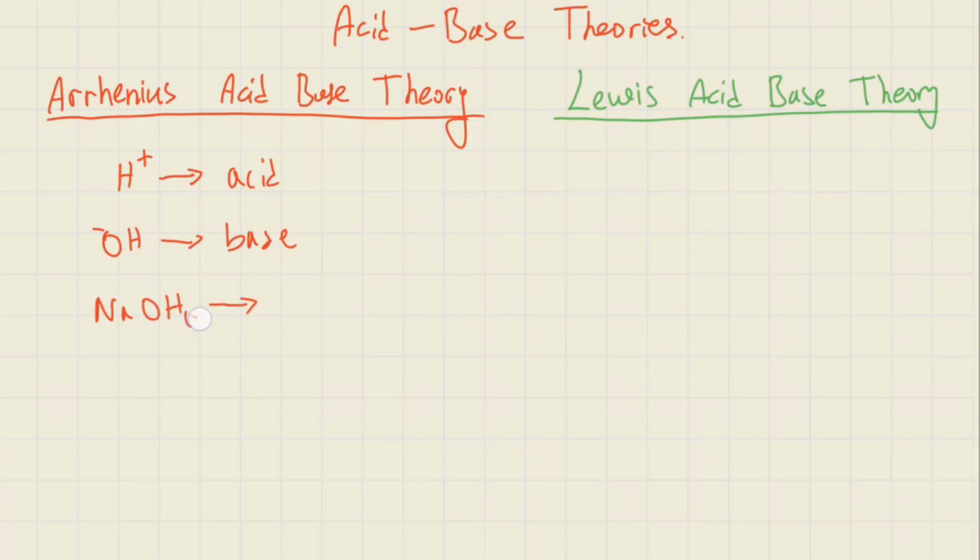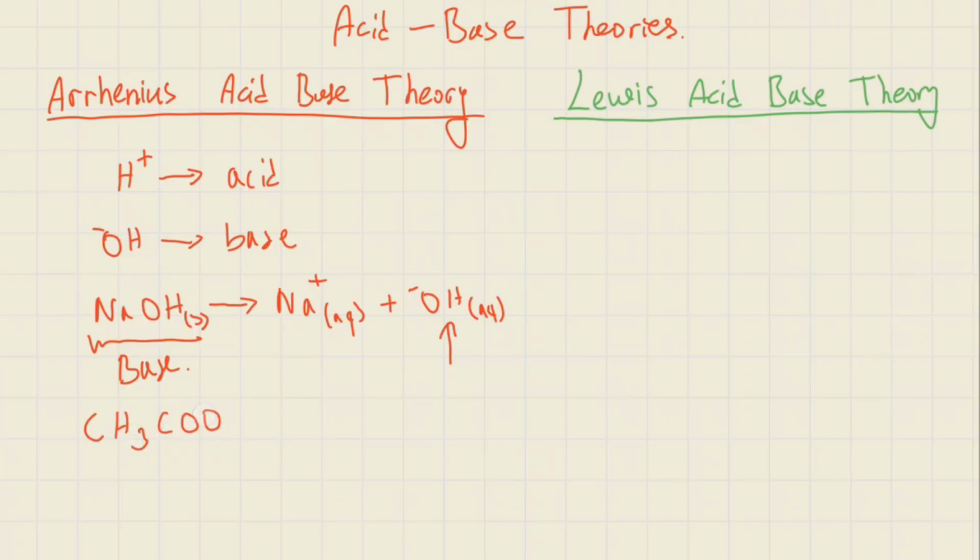If you put the sodium hydroxide in water, it ionizes as sodium plus ions plus the hydroxide ion. And due to the hydroxide ion, we call sodium hydroxide a base. So this is the Arrhenius base, and we can give another example, acetic acid.